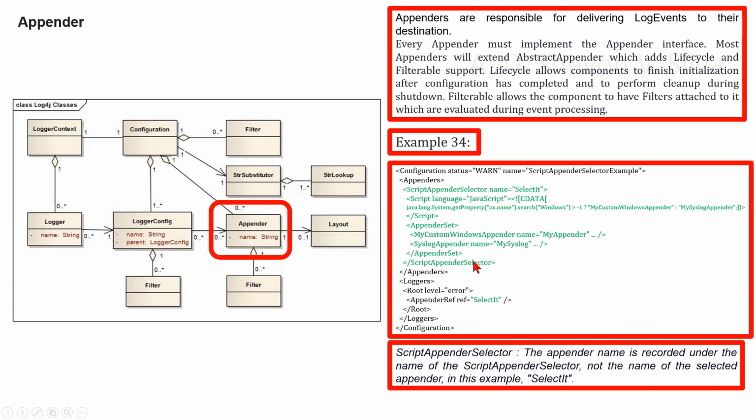In this example, the script returns the name, the list 2, and the appender name is recorded under the name of the script appender selector, not the name of the selected appender.